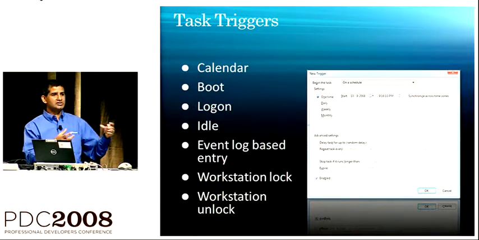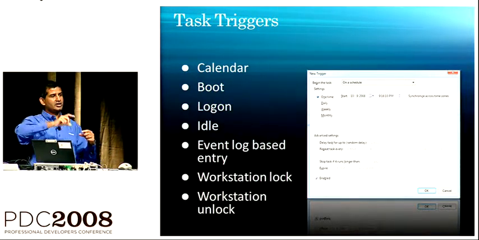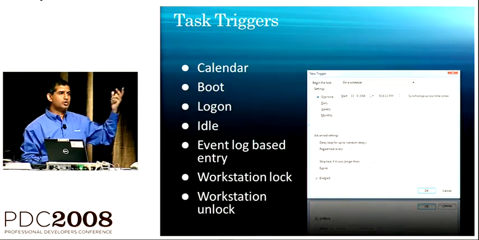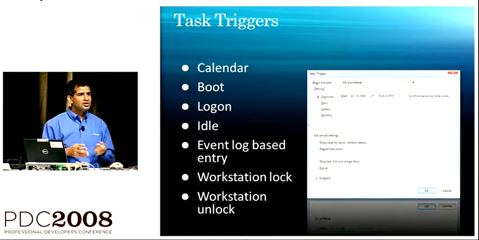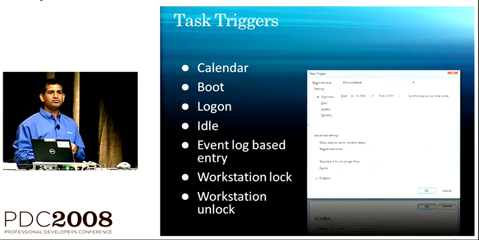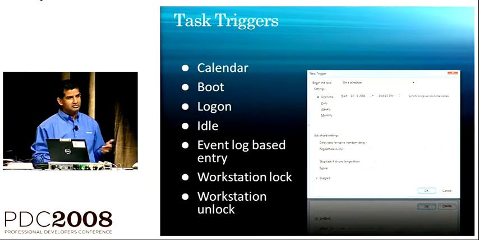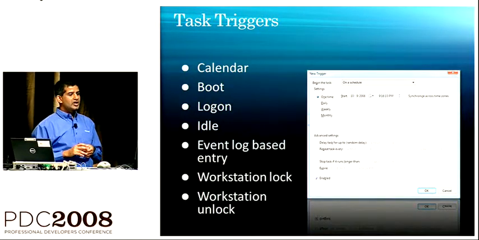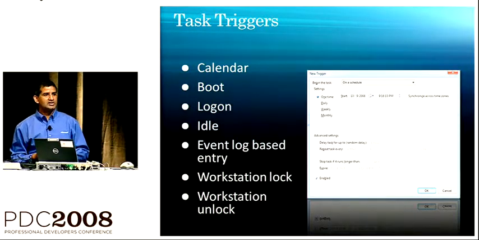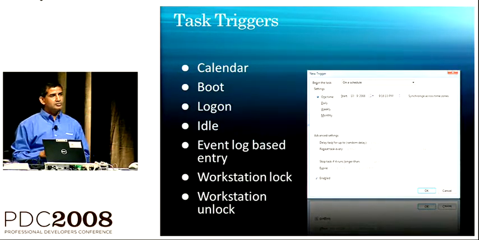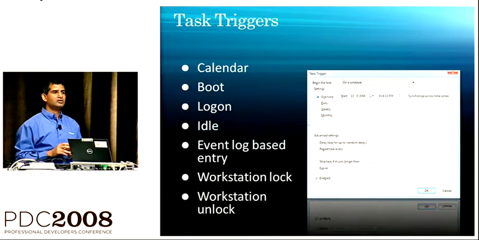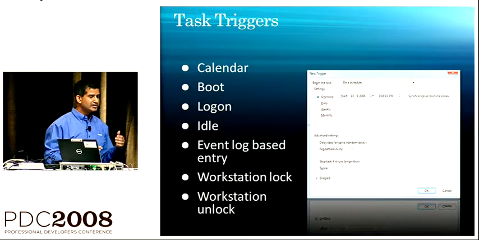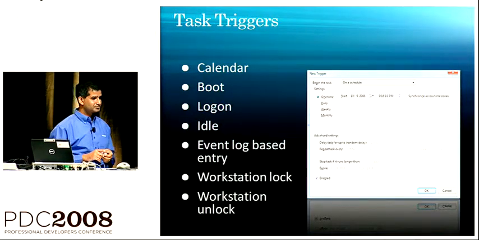They could write a task based off an event log entry being generated, and the task could send, I don't know, an SMS or an email to a known set of people so that they can immediately look at the service issue. The workstation lock and unlock are two other triggers, where certain activity might need to be immediately executed once the workstation is locked or unlocked, and it guarantees that that happens.